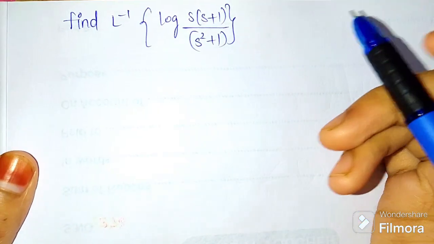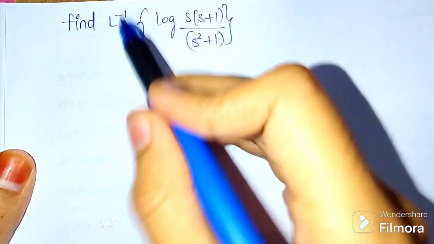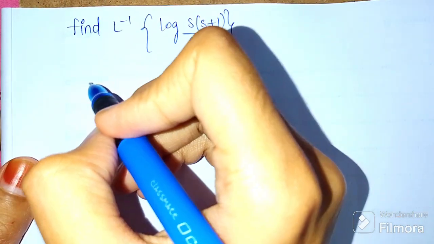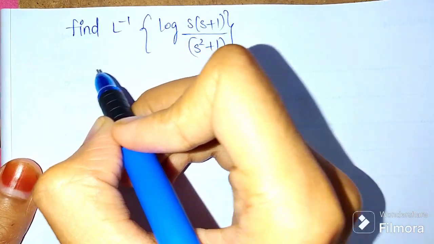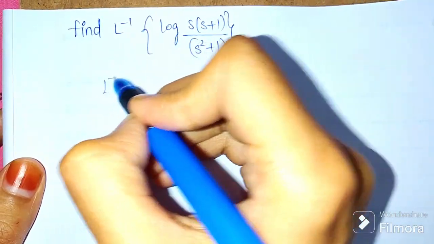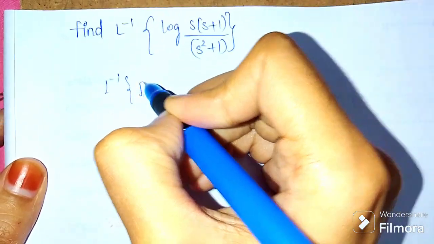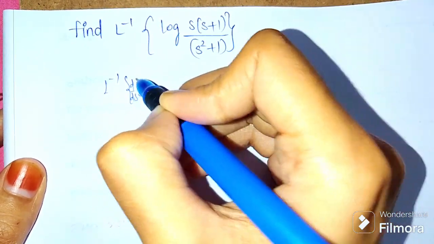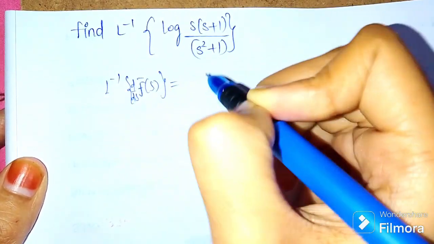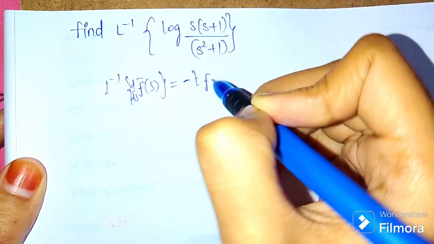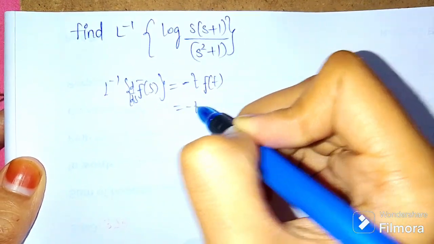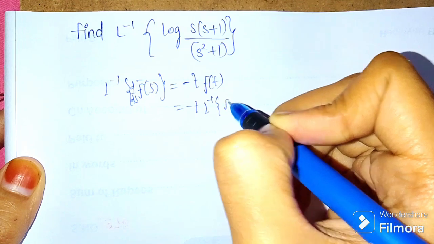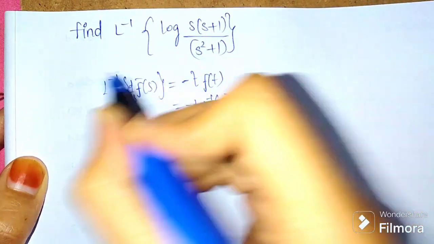So this is also the same question. Find Laplace inverse of this. So what is the first point you should write? Inverse Laplace transform of derivatives gives that Laplace inverse of derivative of f bar of s is minus t f of t or minus t Laplace inverse of f bar of s. Okay.